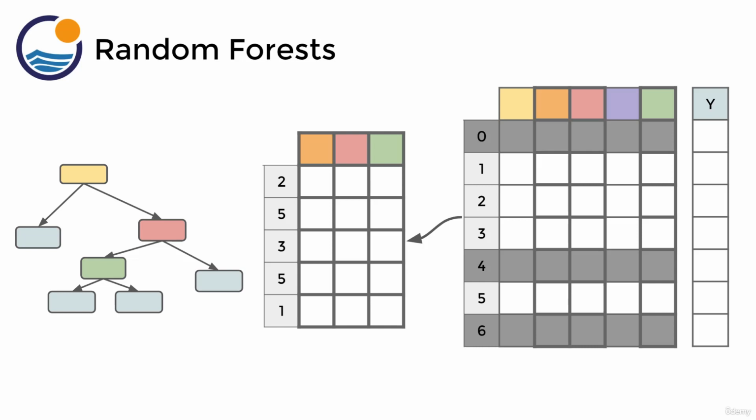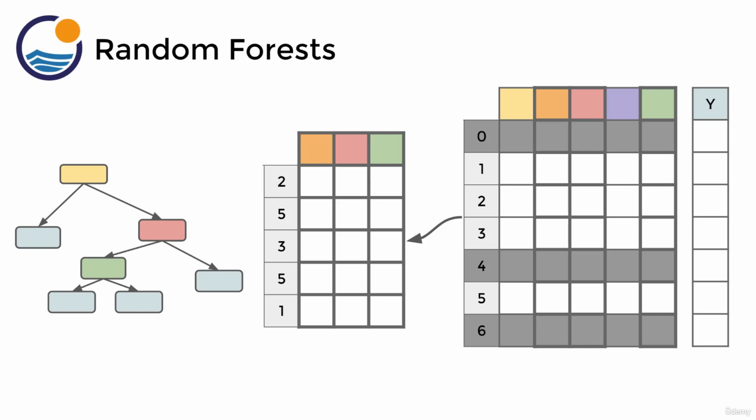In this particular example, it's row 0, row 4, and row 6. That means this particular decision tree in our random forest using bootstrapped sampling has never seen row 0 or row 4 or row 6, which would mean it's actually good test data. We could actually calculate its error on this data that it's never seen before.